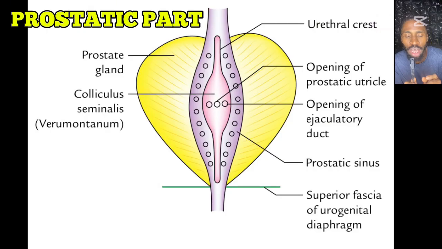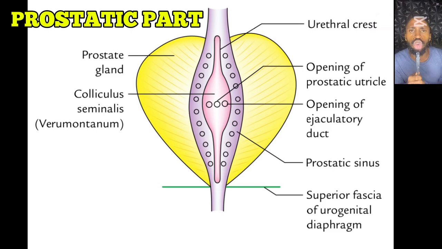In the seminal colliculus you have 3 openings: the 2 sides are the openings of the ejaculatory ducts, while in the center is the opening of the prostatic utricle. By the side of the seminal colliculus, the 15 to 20 prostatic sinus openings release mucus secretion, which lines and coats the prostatic urethra.